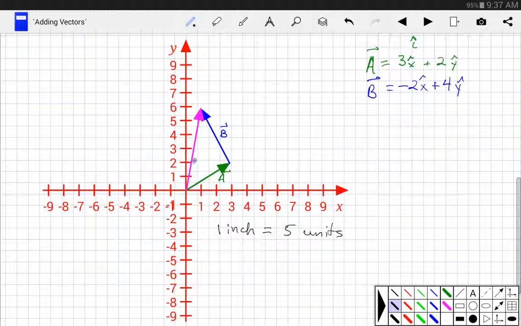Then I can measure the length of this, and when I have that length, I will just have to use this conversion factor of 5 units per 1 inch. That's equal to 1, so that's going to be my conversion factor. So I measure this length in inches, and that will give me how big it is.